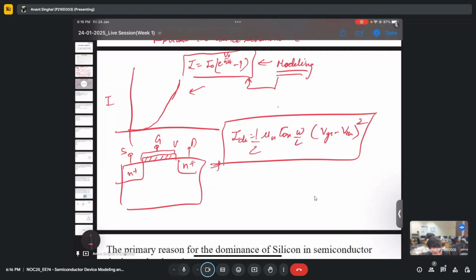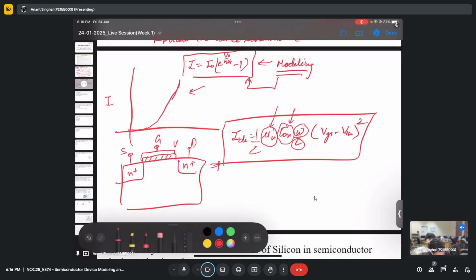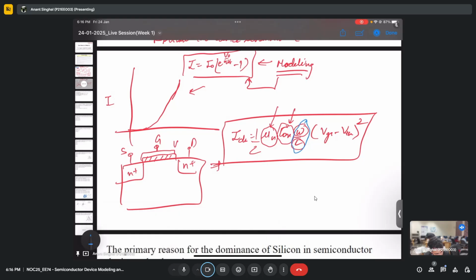We have certain parameters here: this is the mobility parameter, this is the oxide capacitance parameter, this is the width of the MOSFET, and this is the length of the MOSFET. Once we fabricate a MOSFET, this particular W and L become constant. Let's say the width of this MOSFET is in the Z direction, which is inside the paper. This is the length of the gate, which is this L. This is VGS, the gate to source voltage.